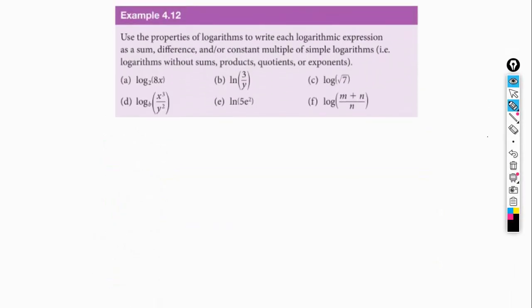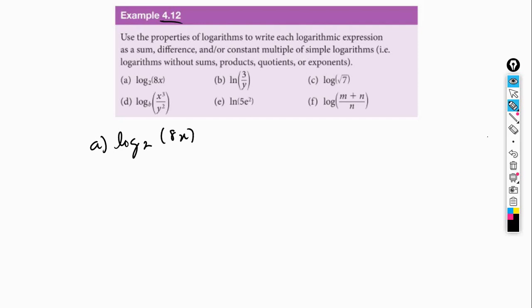So let's continue with example 4.12, and it says use the properties of logarithms to write each logarithmic expression as a sum, difference, and/or constant multiple of simple logarithms. Let's take a look at letter A: log base 2 of 8x.